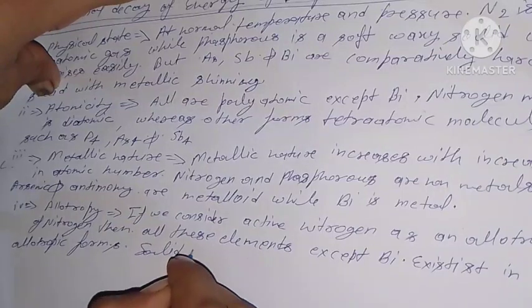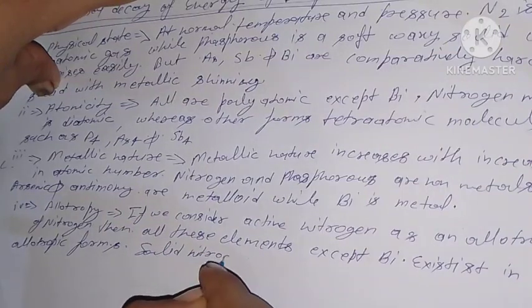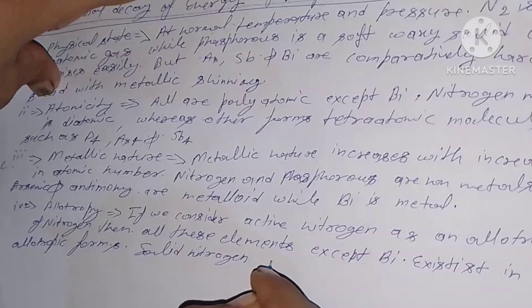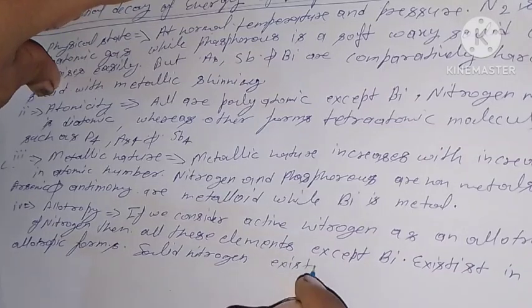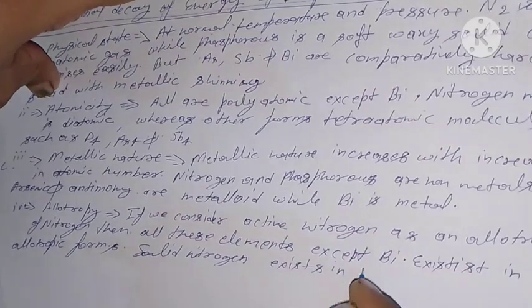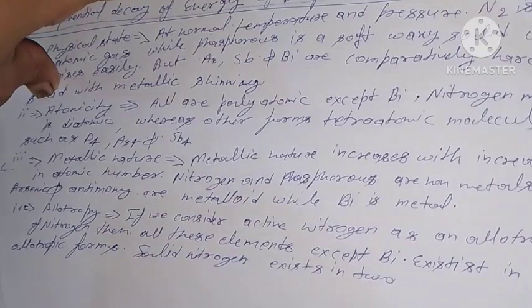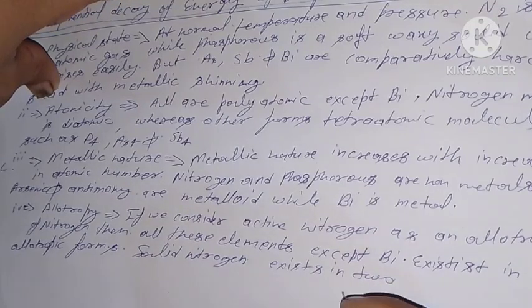Solid nitrogen exists in two allotropic forms.